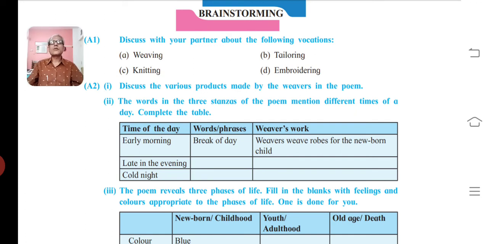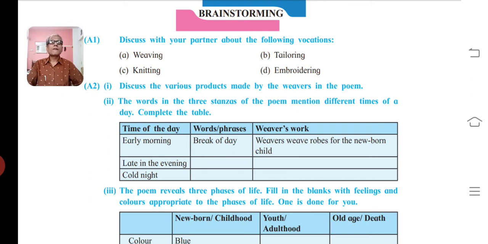Now A2, second activity from A2. The words in the three stanzas of the poem mention different times of a day. Complete the table. Now here you are given one incomplete table, and there are columns like time of the day, words or phrases, and weaver's work.